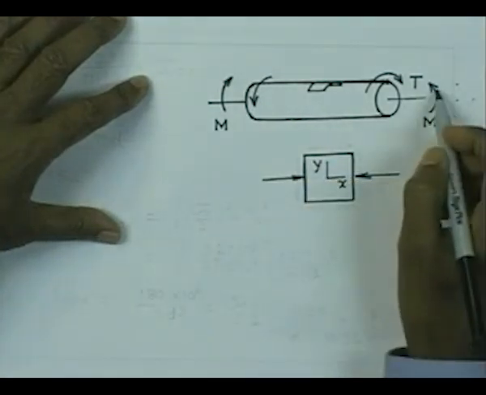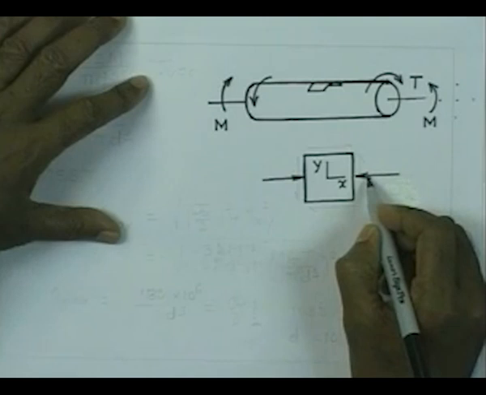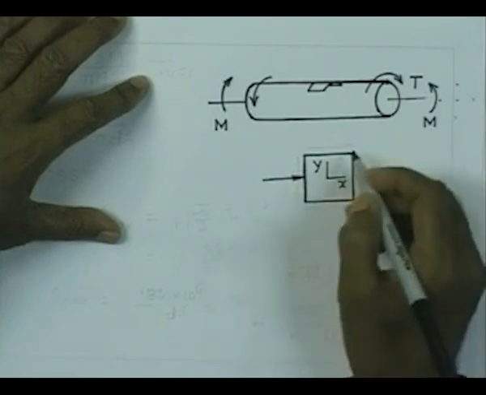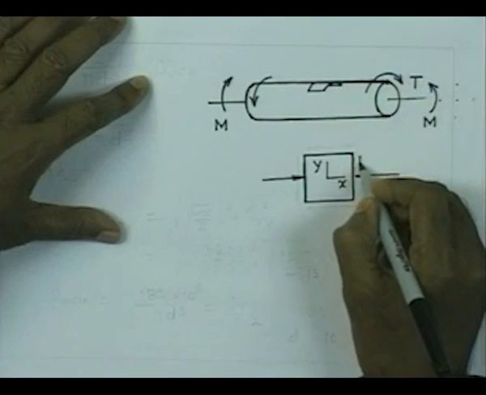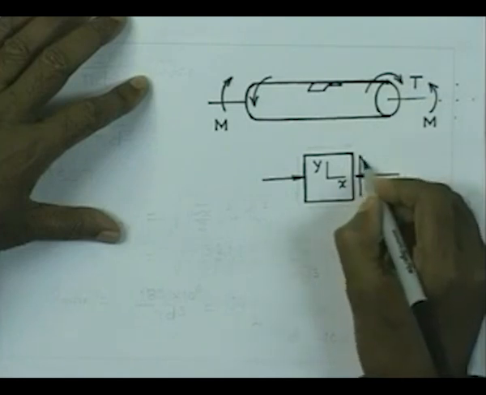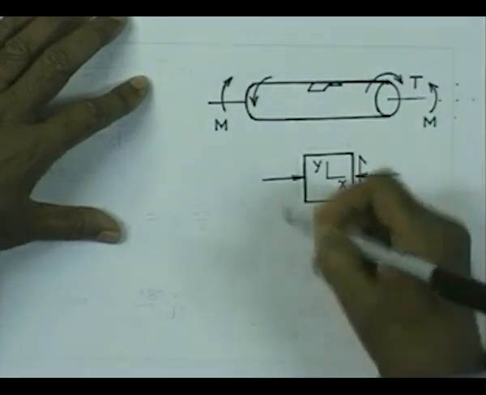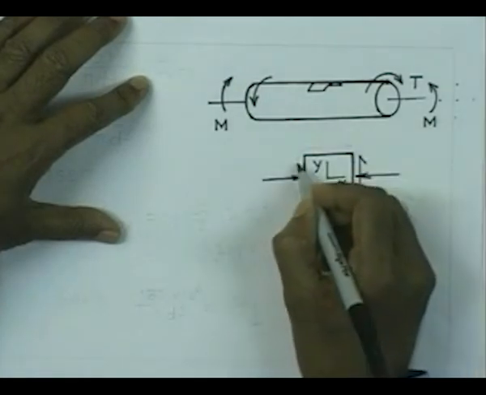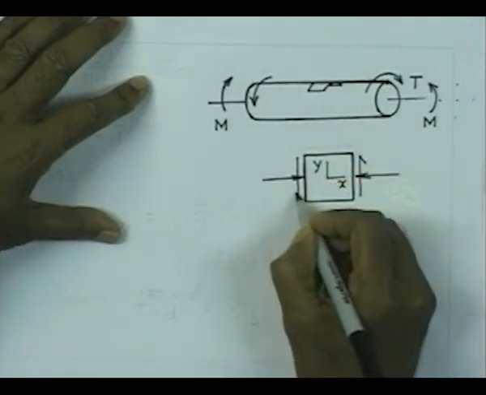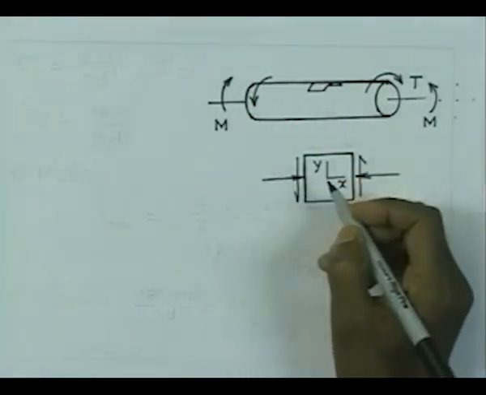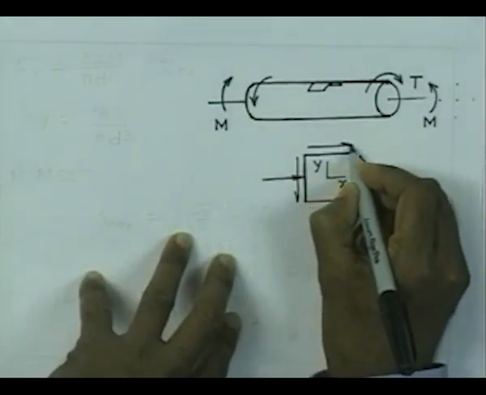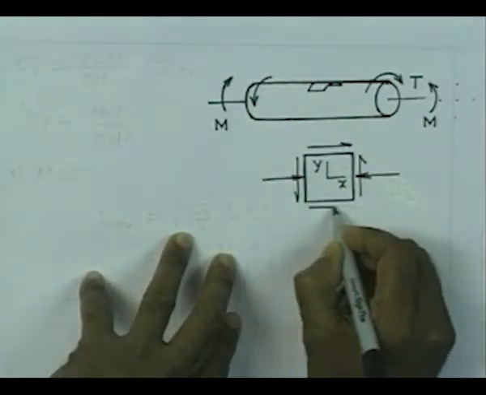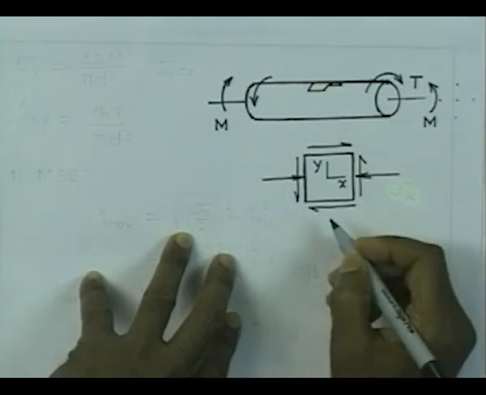Now, under the action of the bending moment, you are going to have compressive stresses, and under the action of the twisting moment, you are going to get shear stresses. So, shear stresses on the right hand face will be directed like that in the same sense as the given torque, and therefore, the shear stresses on this face are going to be like this. Similarly, the complementary shear stresses are going to come up on the top face and also at the bottom face.